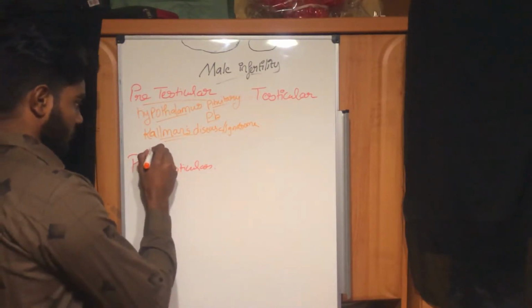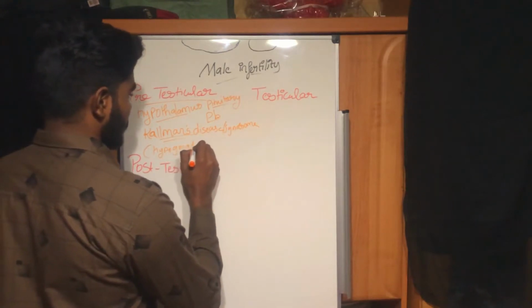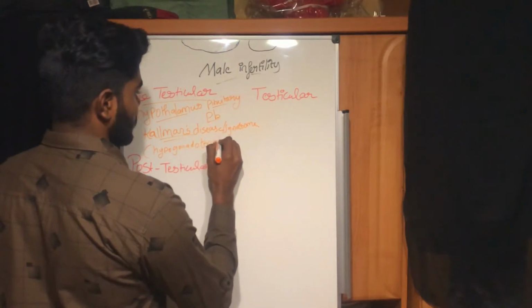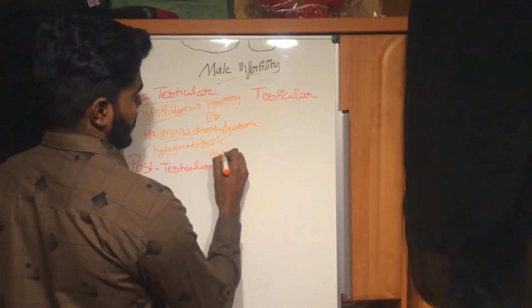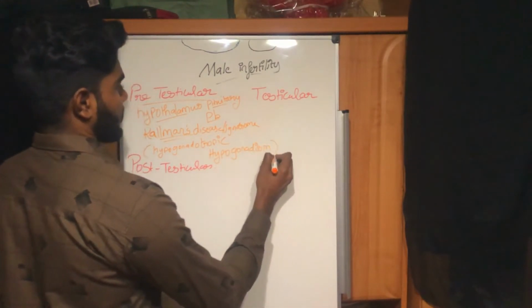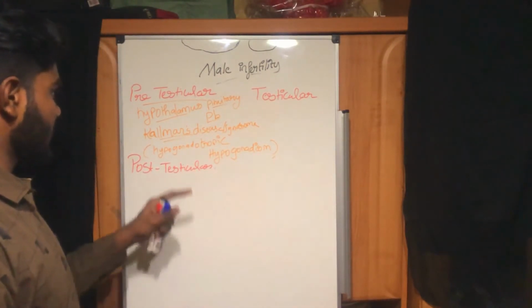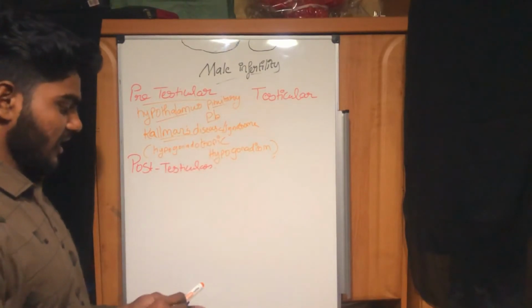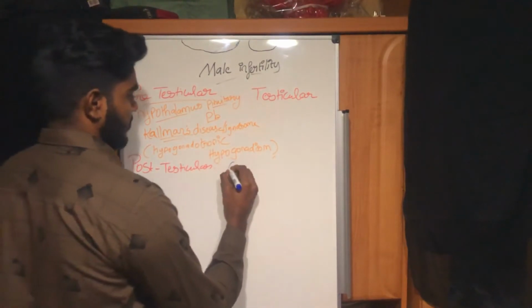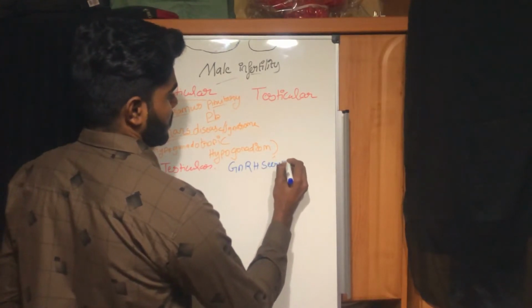This is hypogonadotropic hypogonadism. This is the Kallmann syndrome, where we can see the GnRH secretion problem.